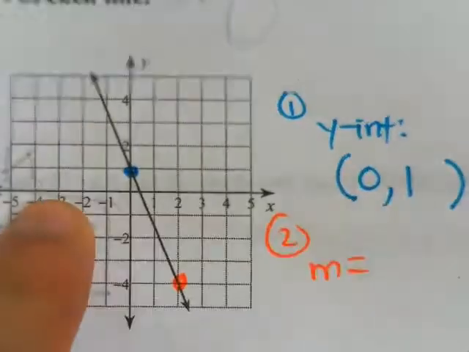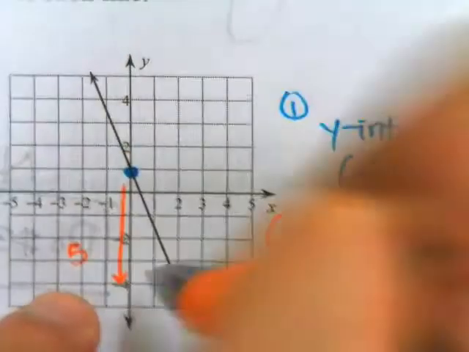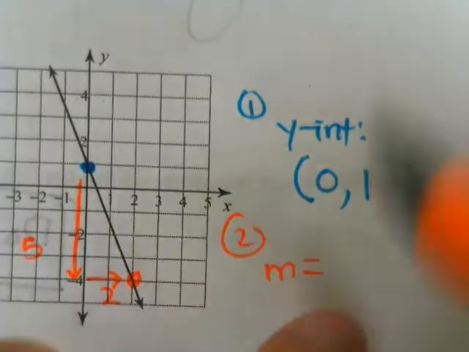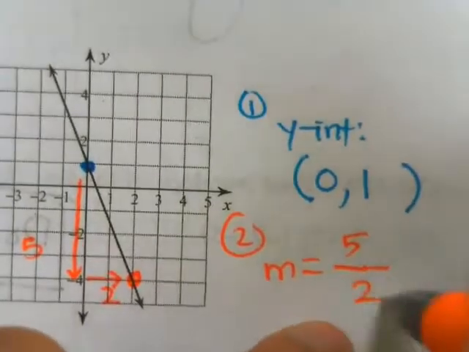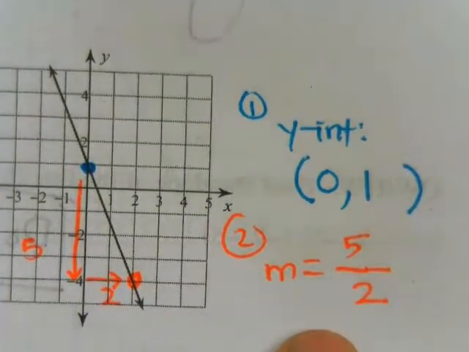I don't think we're going up. We are going how much down? 5. We're going 5 down, and then 2 to the right. What is the problem with me writing this? There's no negative. Yes.